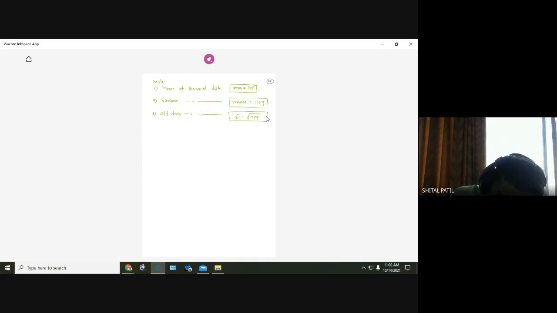Start with the first example. An unbiased coin is tossed 10 times.